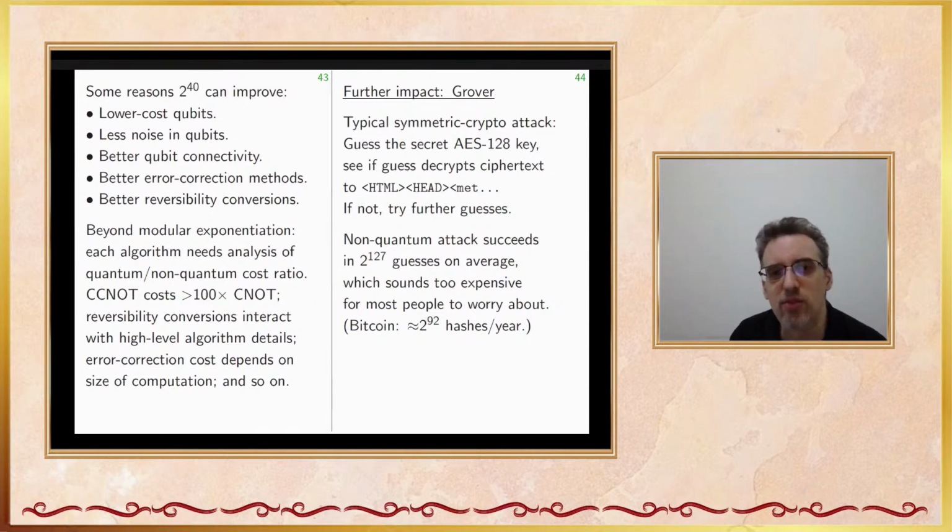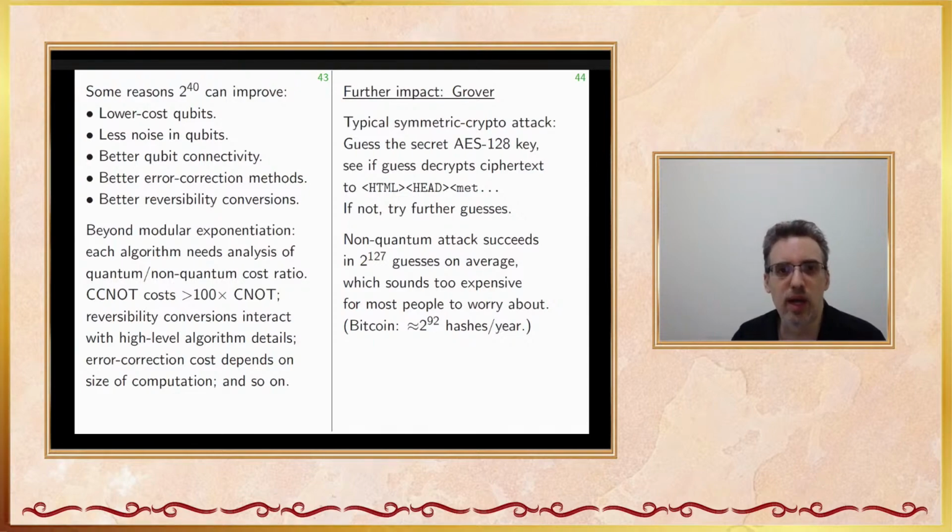Here's a baseline for comparison. People will sometimes say, ooh, Bitcoin is using a lot of computation. That is 2 to the 92 hashes per year currently. It's not the entire world's power supply, but it's using some power, and it's a lot of computers, a lot of special purpose hardware designed to do hashes as efficiently as possible.